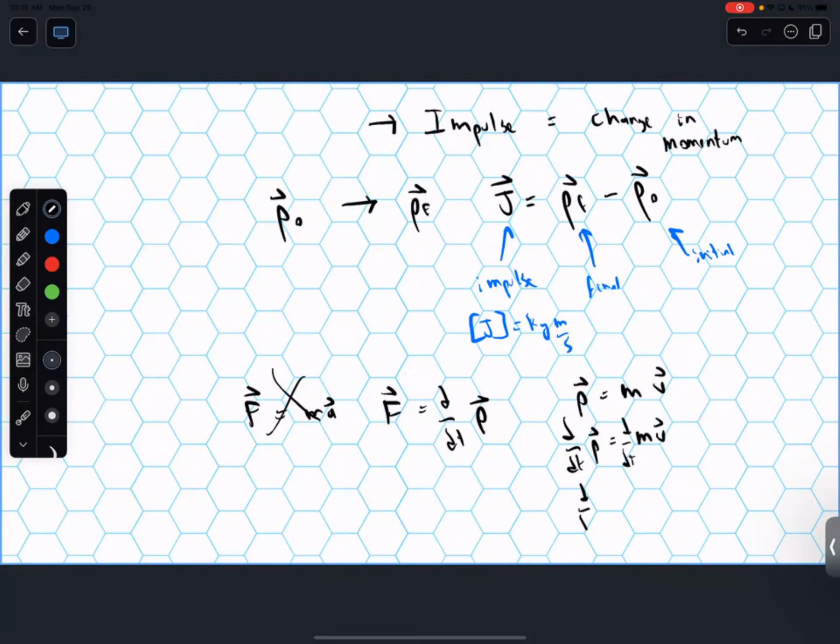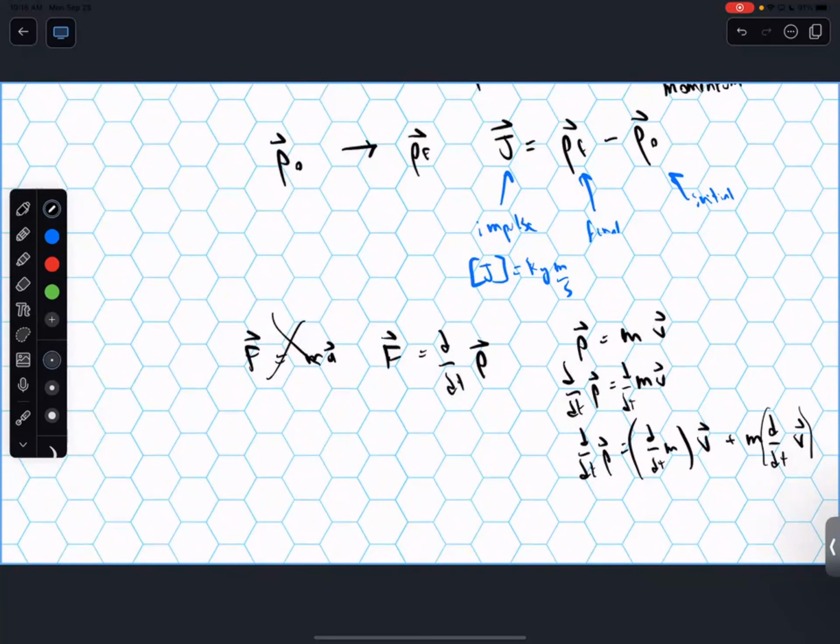Then I use the product rule: d dt of m times v, plus m d dt of v. So I've taken the derivative of a product and written it as a sum.